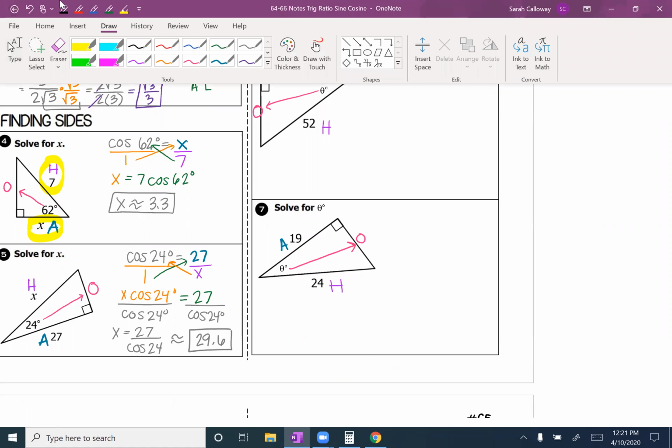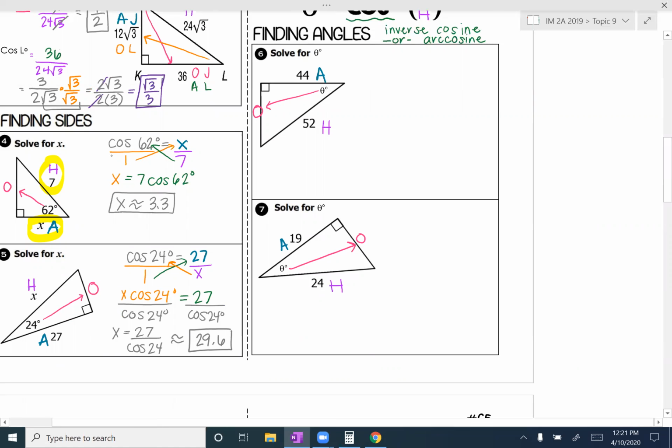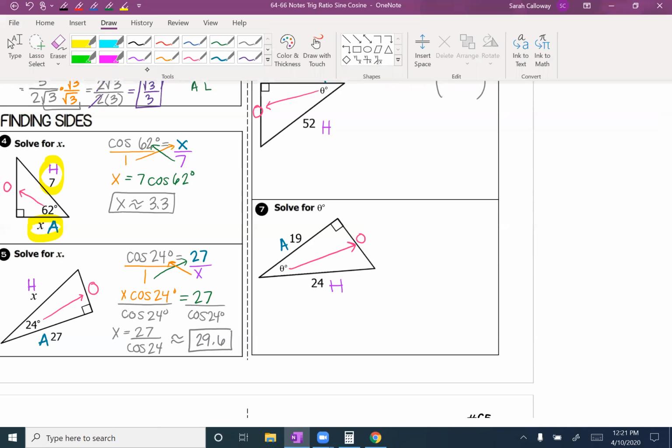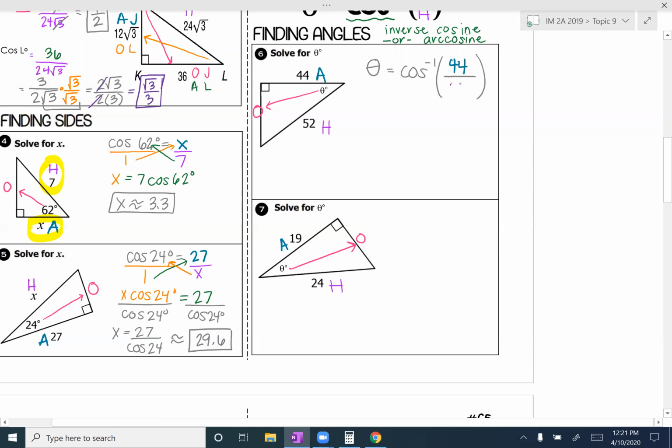So instead of setting up with cosine of theta first, we're going to have theta is equal to the inverse cosine function of our ratio, adjacent, so in this case 44, over hypotenuse, which is 52 for problem 6.